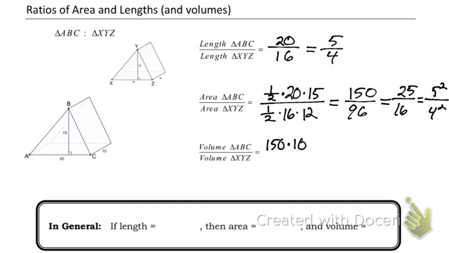All right, and then I'm going to do the same thing for the bottom one. That one also gets pushed back 8 units. So we're going to have 96 times 8. So we have area times the depth, which is going to equal 1,500 over 768, which, just to help us out, is going to end up equaling 5 cubed over 4 cubed.